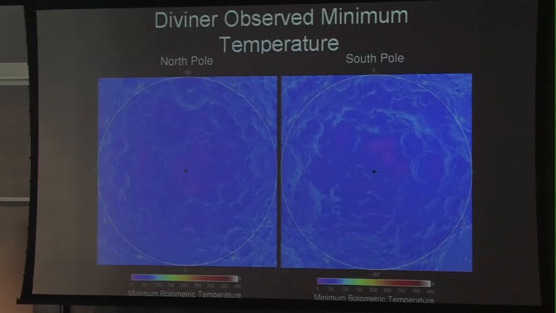In certain places, we've measured temperatures down near 20 Kelvin. Again, a little bit exciting. These are temperatures that are in fact colder than the polar caps of Pluto, as we currently understand them, simply because they are places where the sun hasn't shone for billions of years, and they're just extremely cold.